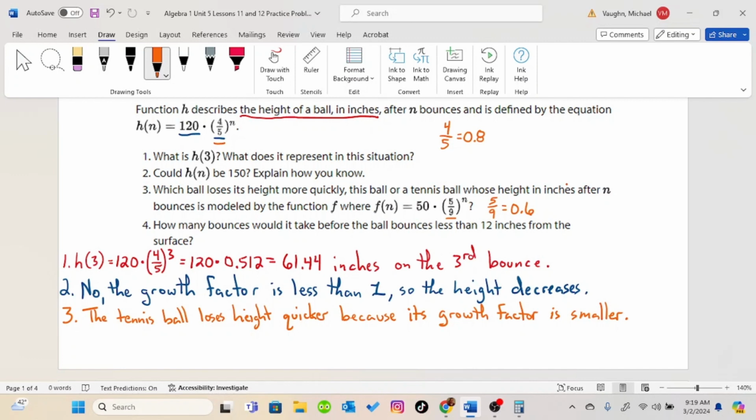The smaller the growth factor, the less height it maintains on each bounce.